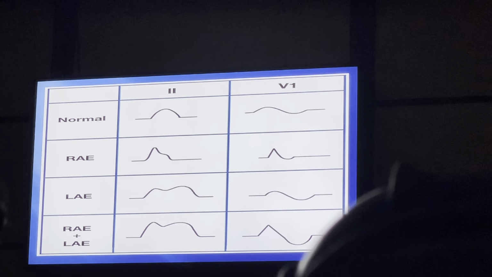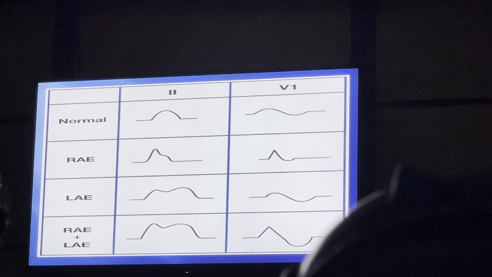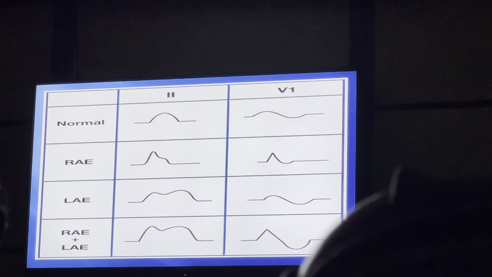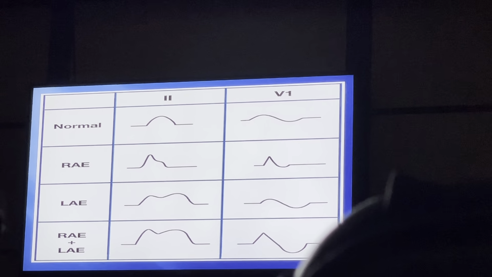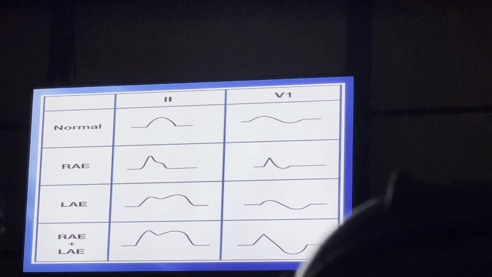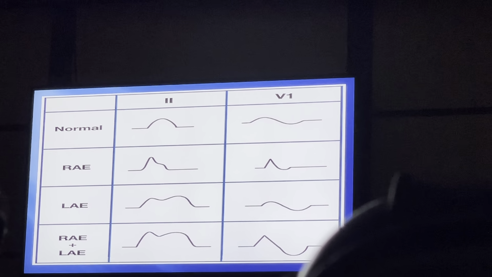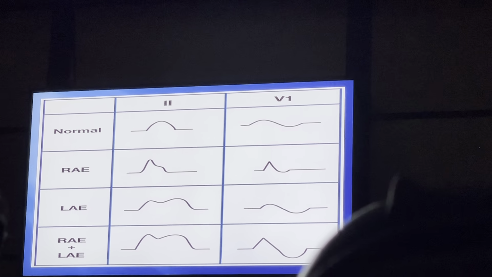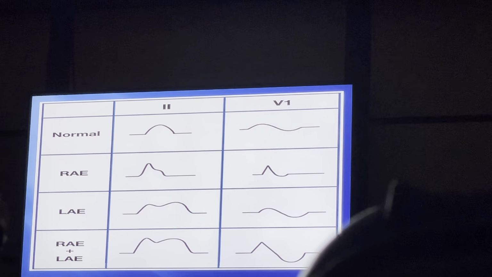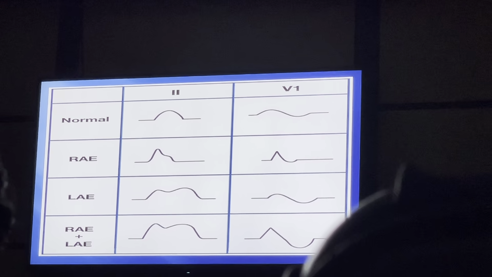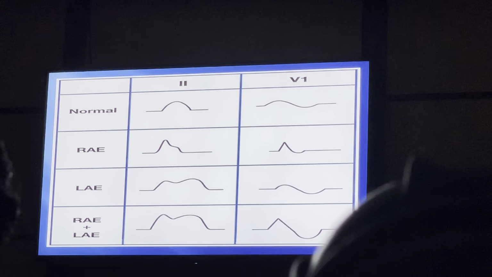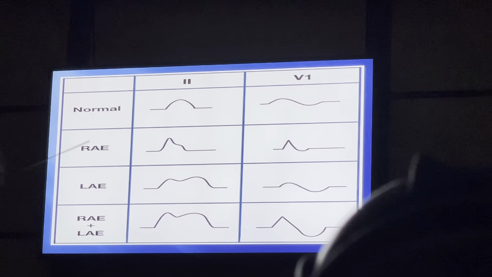Because V1 watches the heart from the front. So in the right atrium, the excitation occurs frontward, while the left atrium is placed on the back part of the heart. So when the left atrial excitation occurs, current goes away from the center of the chest. So in this case, the P wave becomes inverted in V1.